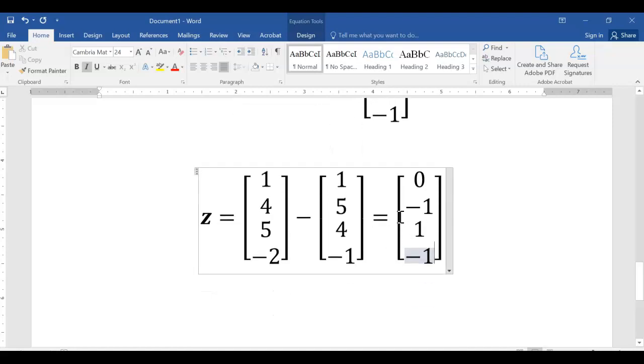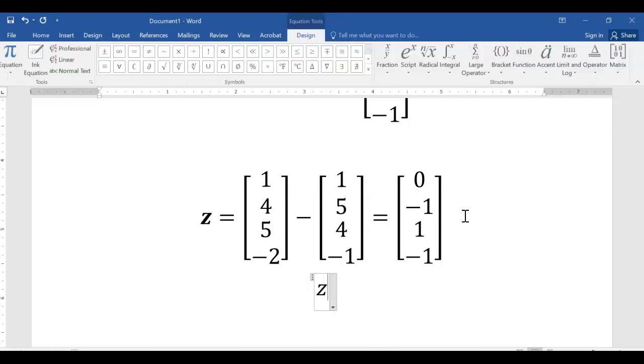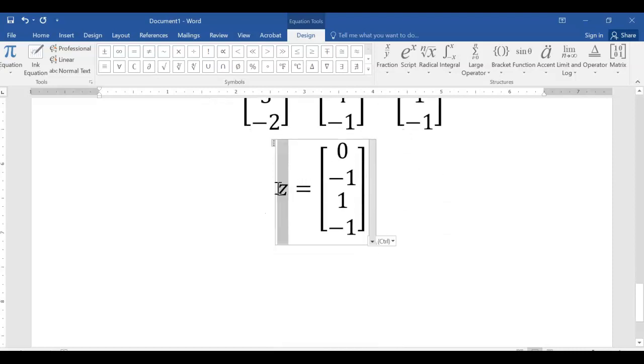All right, so that's what z is, your component which is orthogonal. z is that vector there: 0, -1, 1, -1.